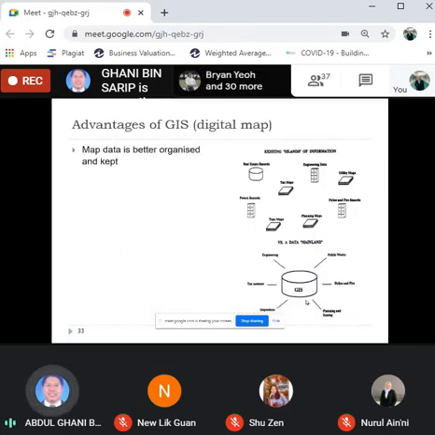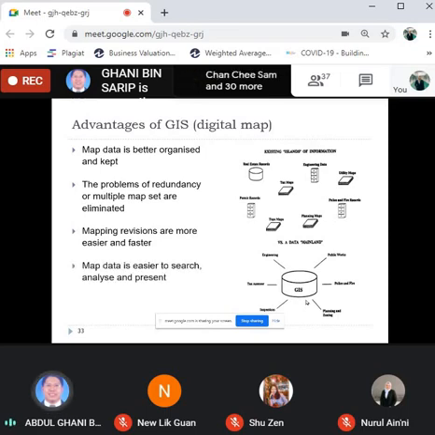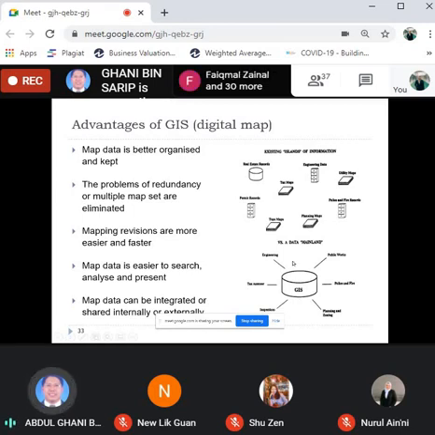Advantages of GIS: digital maps are better organized and kept. These are some of the benefits of utilizing technology in digital form. Map data can be integrated or shared internally or externally. That is actually a huge benefit of a GIS.